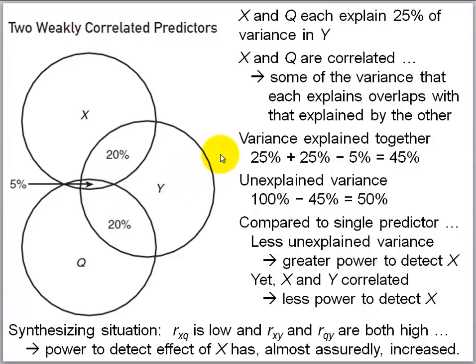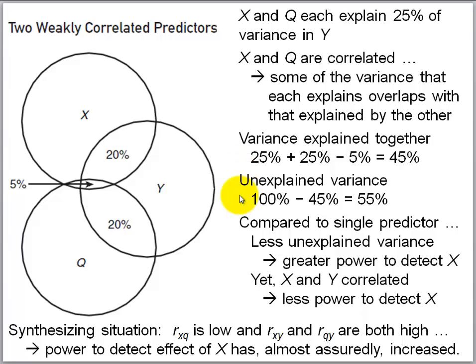Taken together, how much of the variance in Y do X and Q explain? They each explain 25%, but 5% of that explained variance is jointly explained. So taken together, X and Q explain 45% of the variance in Y. What is the unexplained variance?